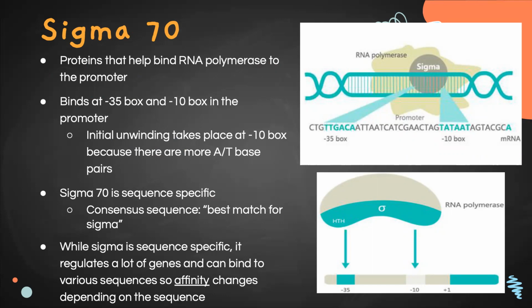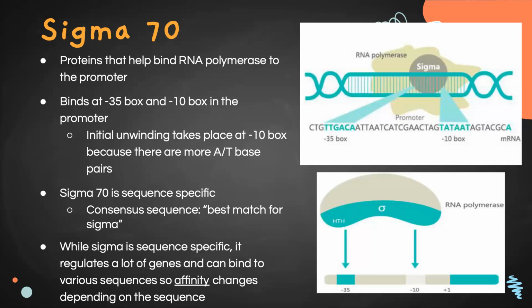And it binds at the -35 box and the -10 box in the promoter. And so the initial unwinding will take place at the -10 box because there's more AT base pairs there. And as we know, AT base pairs have 2 bonds while GC base pairs have 3.